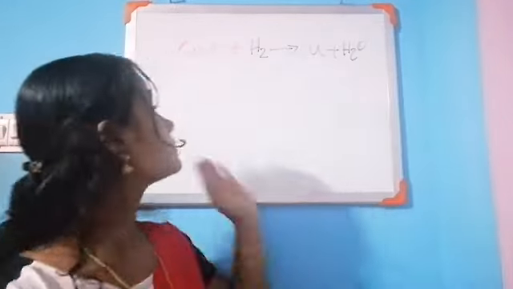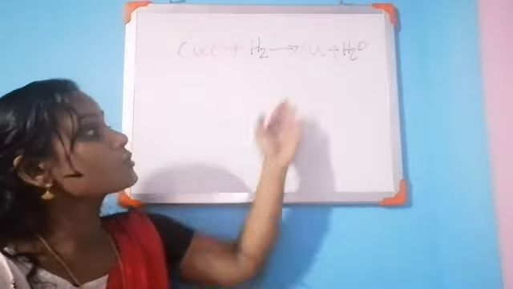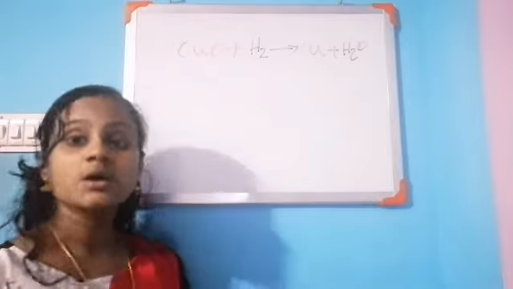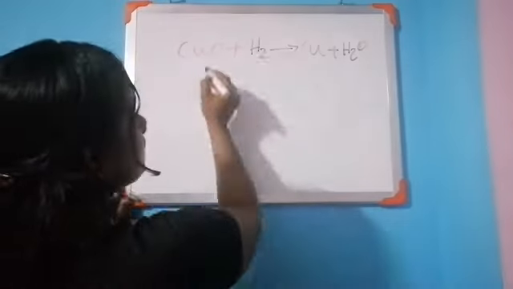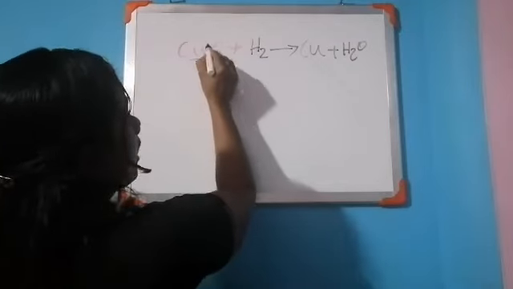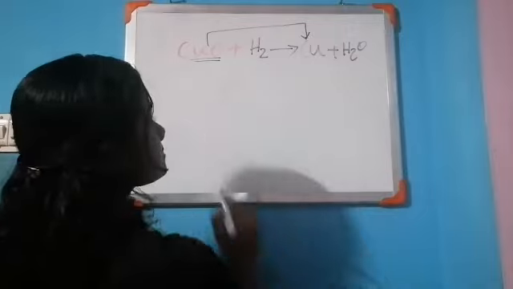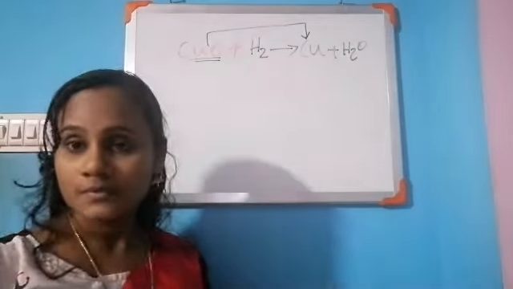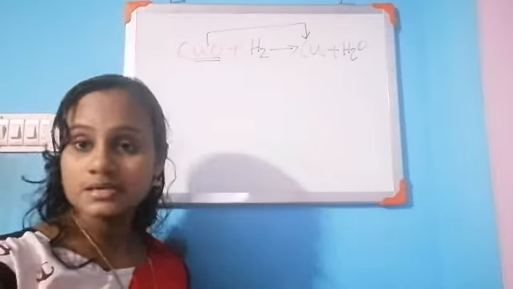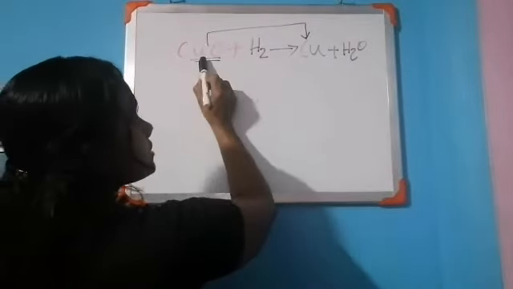Listen to this equation. Copper oxide reacts with hydrogen to form copper and water. Here, from the copper oxide, oxygen is removed.